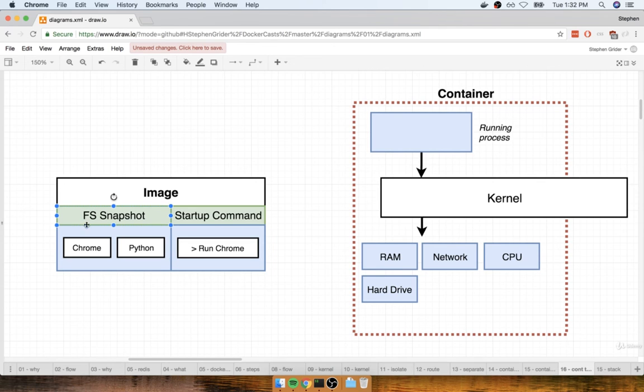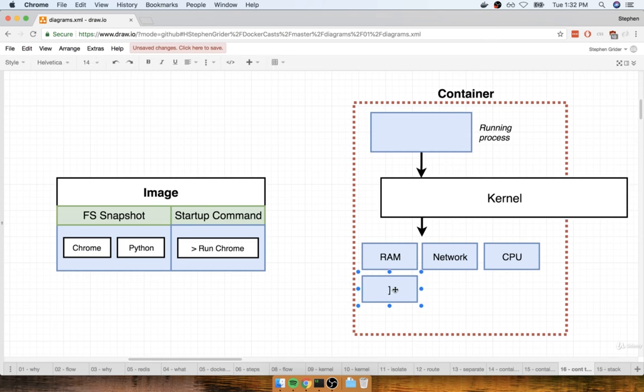So this is essentially like a copy-paste of a very specific set of directories or files. And so we might have an image that contains just Chrome and Python. An image will also contain a specific startup command. So here's what happens behind the scenes when we take an image and turn it into a container. First off, the kernel is going to isolate a little section of the hard drive and make it available to just this container.